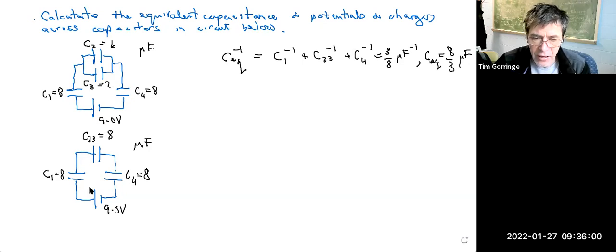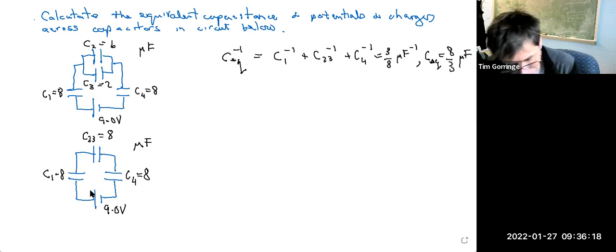And because they're identical capacitors, they share it equally. And so that's an important concept I can use here. Because I've got 3 equal identical capacitors, they will each get the same share of the 9 volts. Let me write that down.